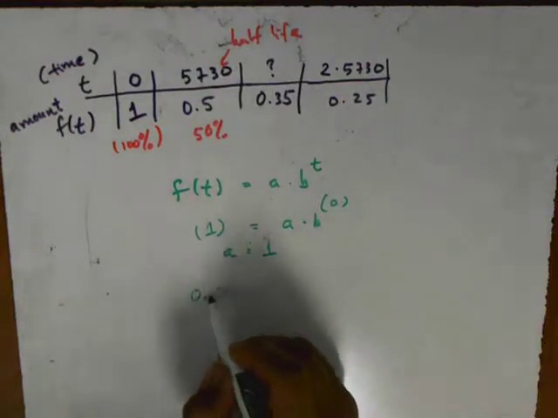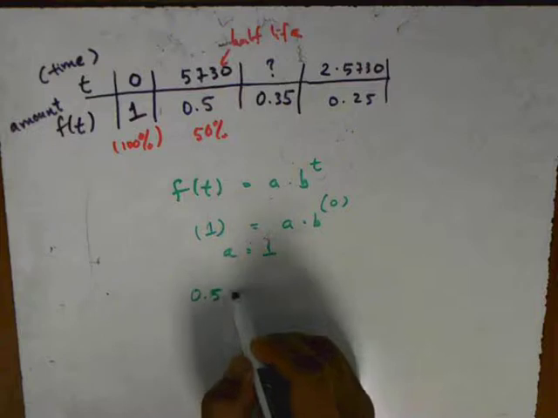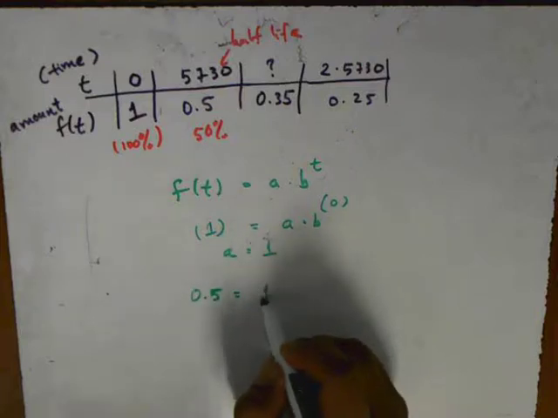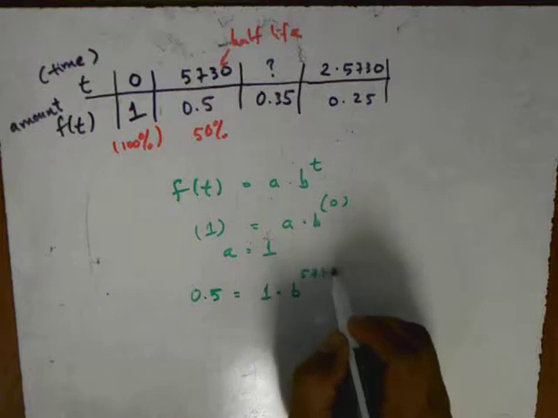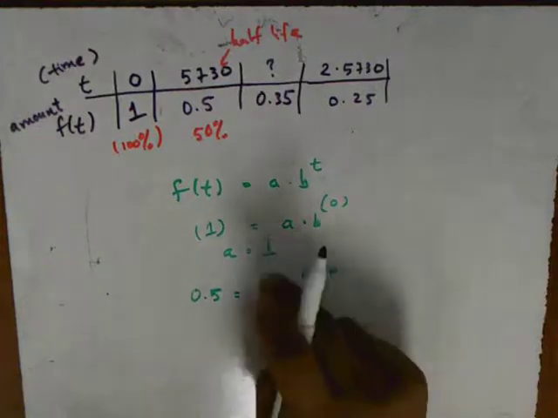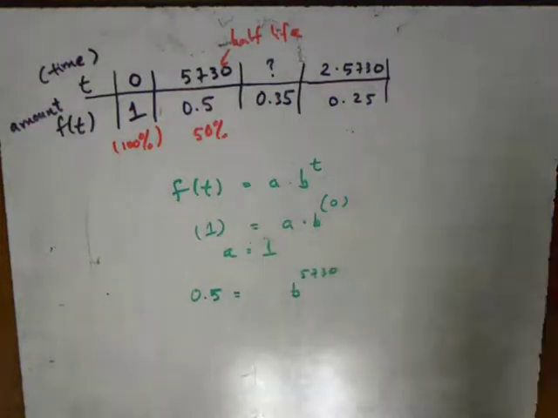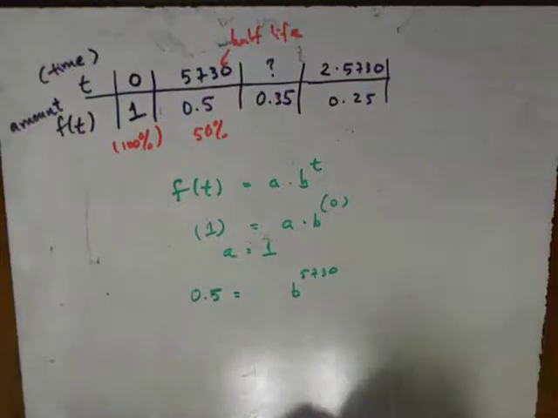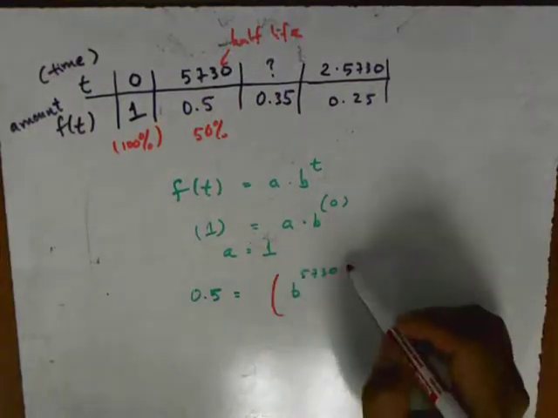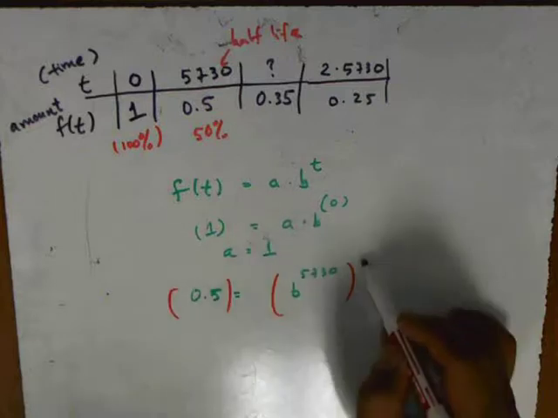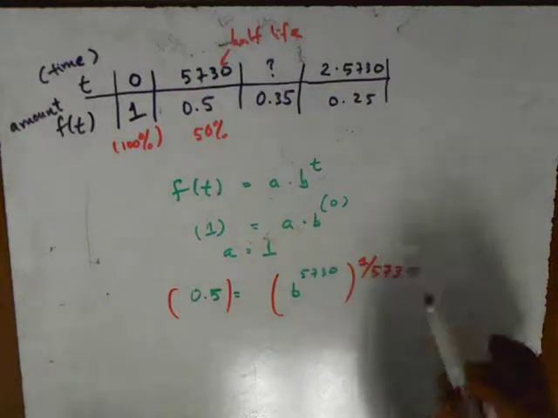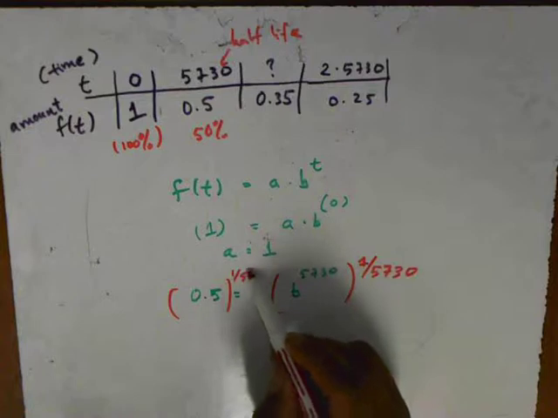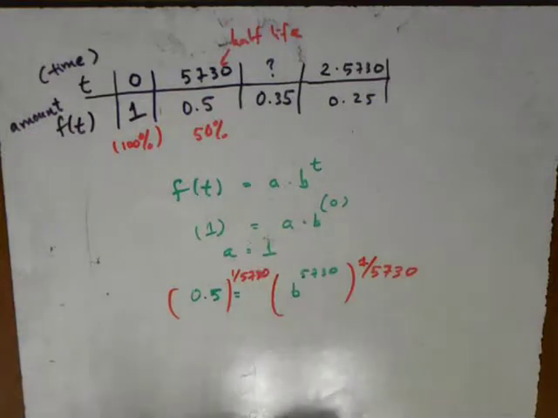So I know that when f of t is 0.5, t is equal to 5,730. And I can effectively get rid of this 1 here, because 1 times b is just the same thing. If I want to get rid of this exponent, I have to raise both sides to the 1 over 5730.